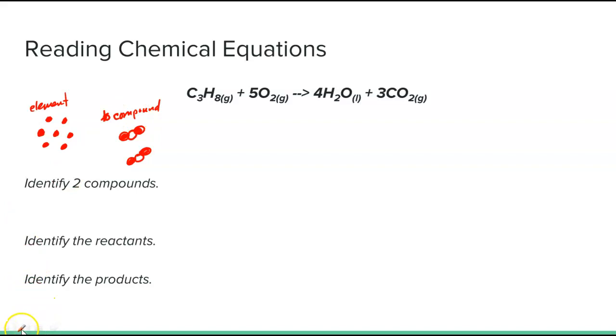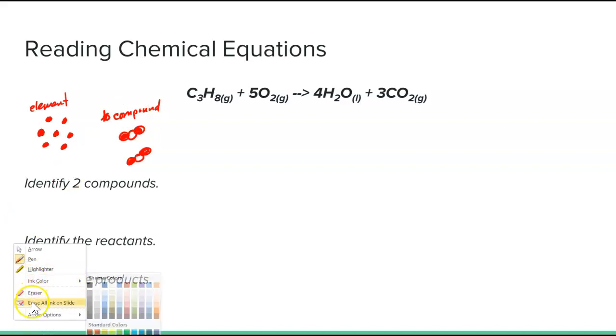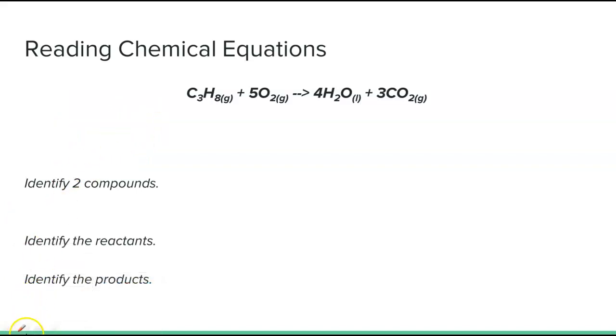So in this case, how do we identify which is a compound? That is easily done in that if the letters are written together, you have a compound. So a C and an H are written together with no plus sign in between. This is a compound. And I'm looking for at least 2 different letters. So I have C3H8 being a compound. Is O2 a compound?